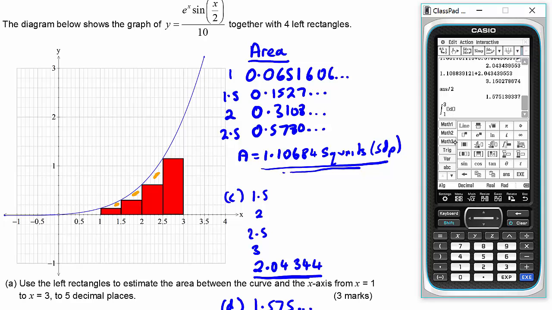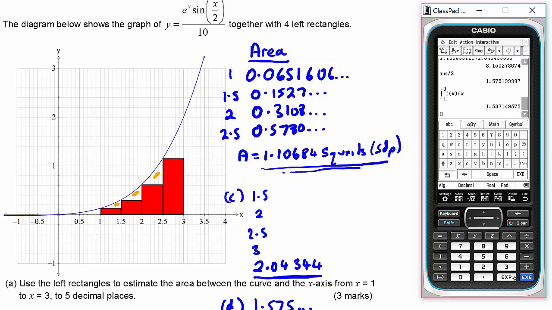And in here we can just put f of x dx, and execute, and that gives us 1.53714 and so on.